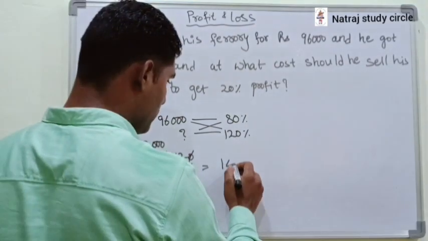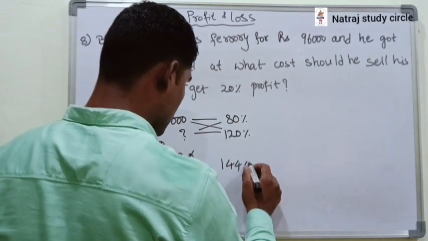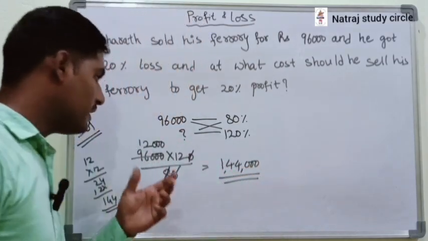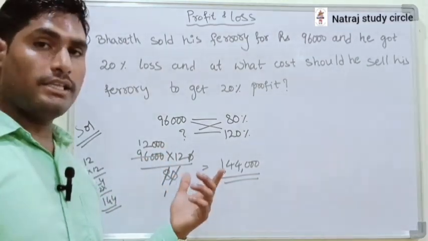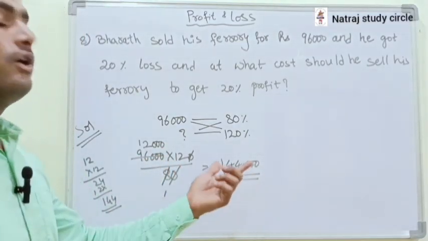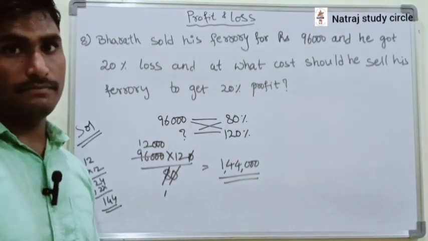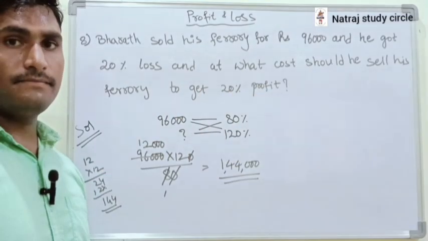So 1,44,000. So here he has to sell his Ferrari for 1,44,000 to get 20% profit on it. Okay, clear? Yes.